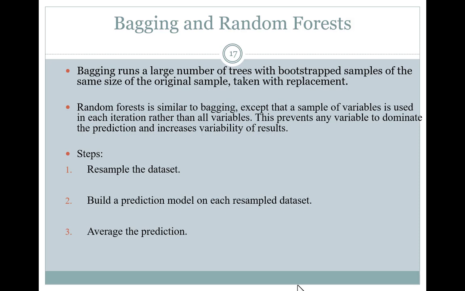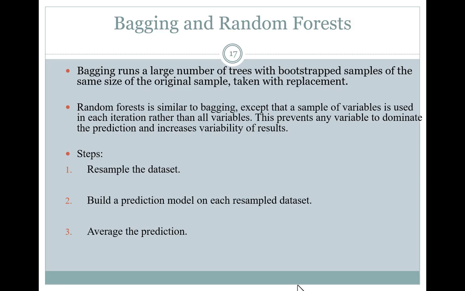This is a nice improvement over bagging, because since you're not using all the variables at each iteration, you prevent variables from dominating the results. So it explores better the space of solutions.